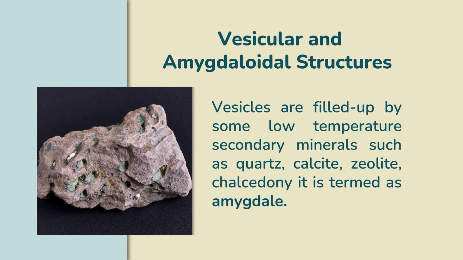Now vesicles later on are filled up by low temperature secondary minerals. They are in the form of solution and get deposited into the vesicles and crystallize in the form of quartz crystals, calcite, zeolite or chalcedony. This is termed an amygdale.